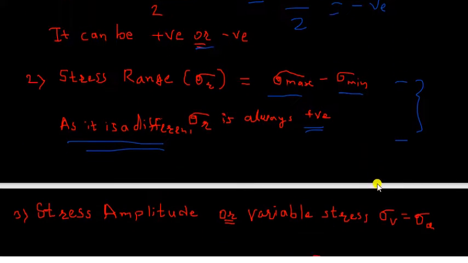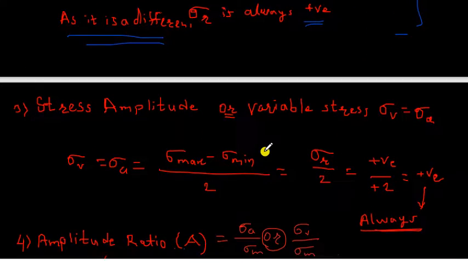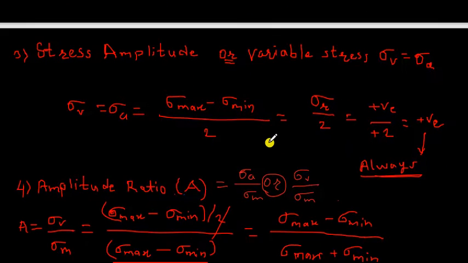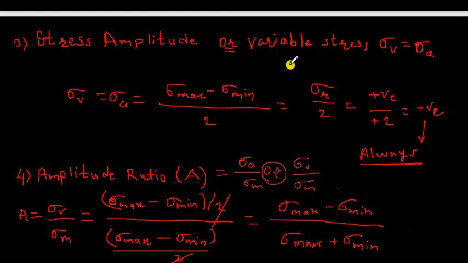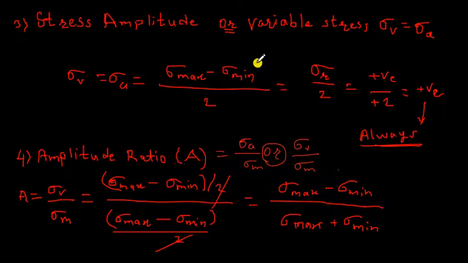Now the third terminology is stress amplitude or variable stress. What is variable stress? It is just the stress range divided by 2.